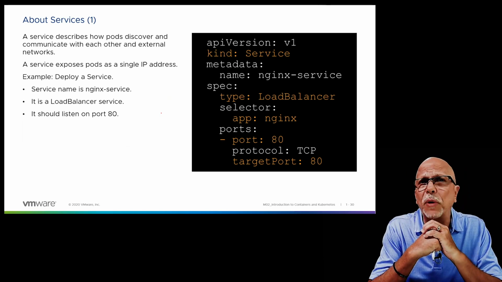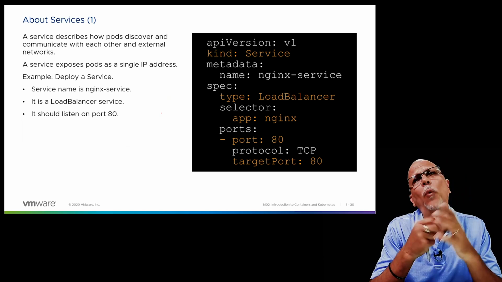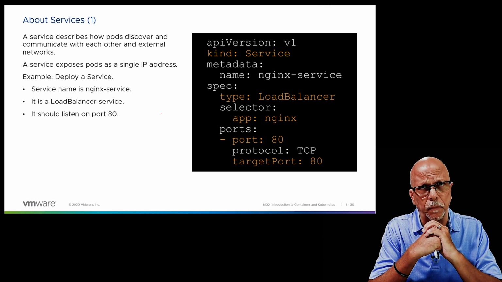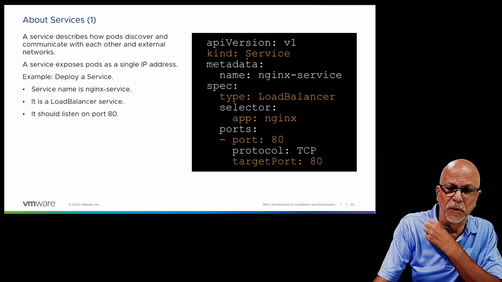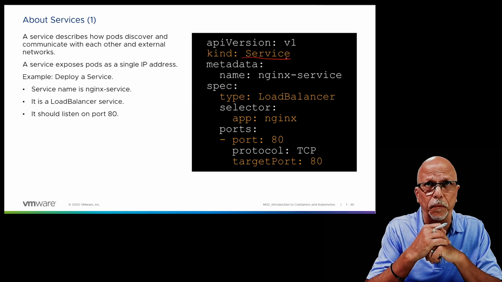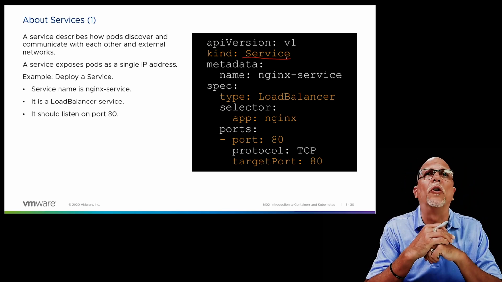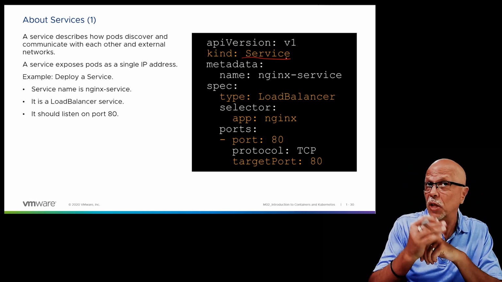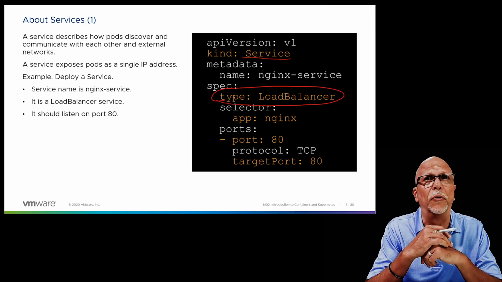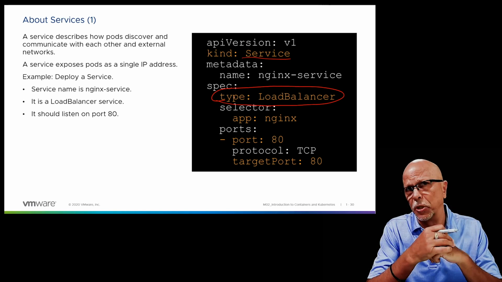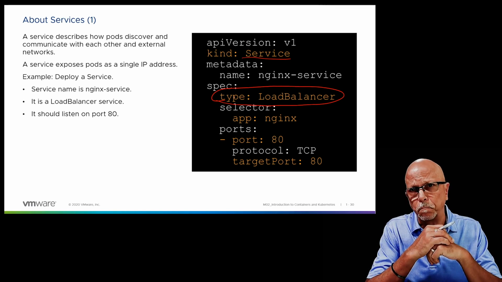If I had 3 of those pods, how would I actually connect to them? Well, Kubernetes has a primitive type called a service. The service has different subtypes inside of it. This particular type that we're looking at is a load balancer. Hopefully you all have some experience with a load balancer.